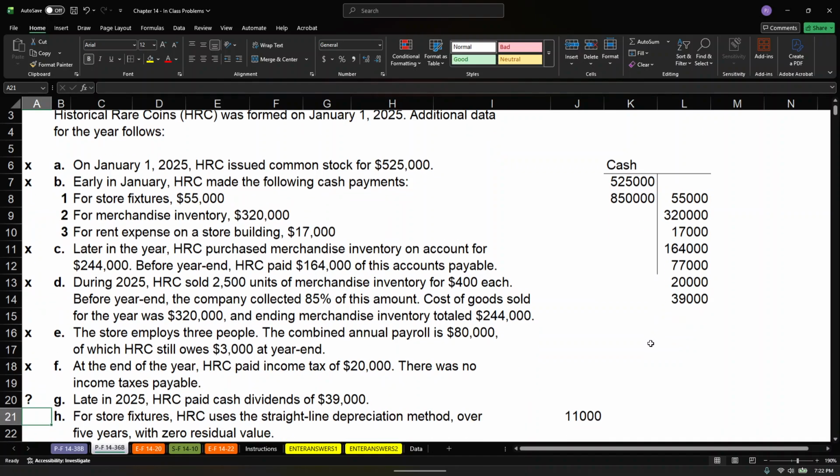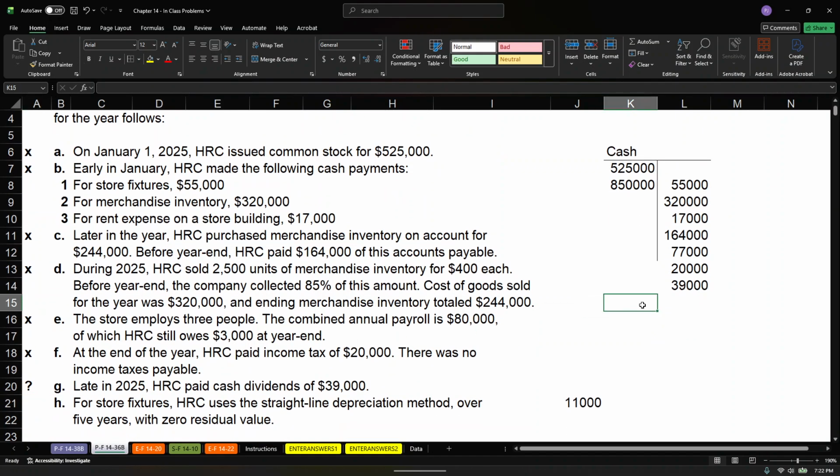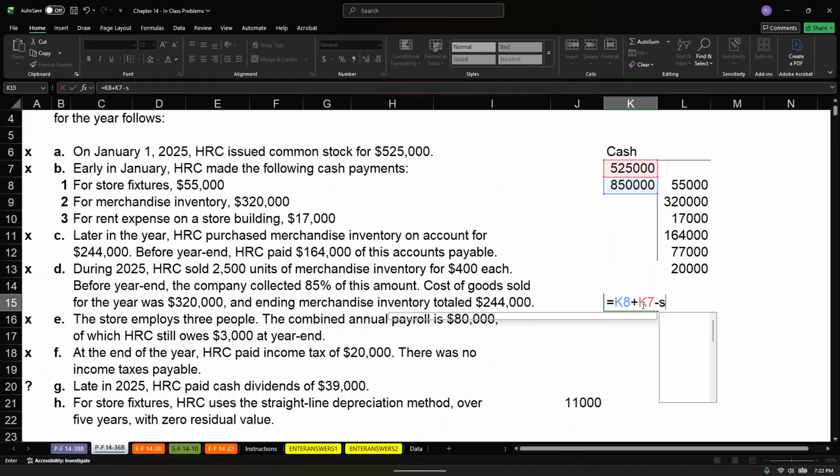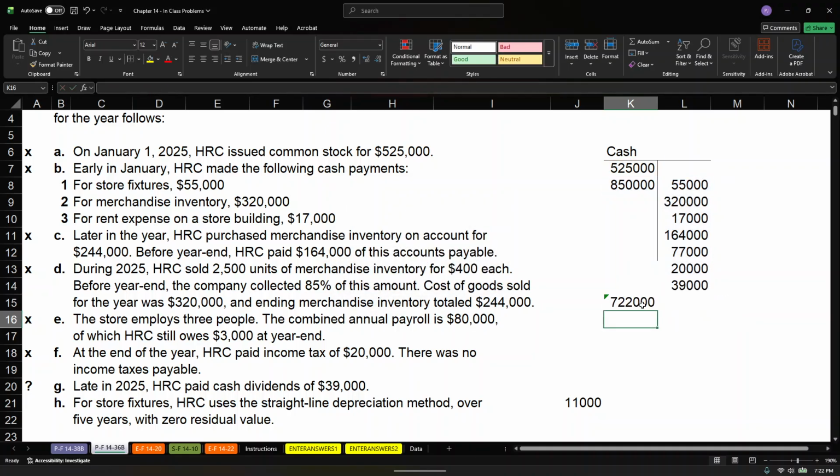Okay, so let's see what happens here. I think we're pretty much done. But that's wrong. We didn't include something.